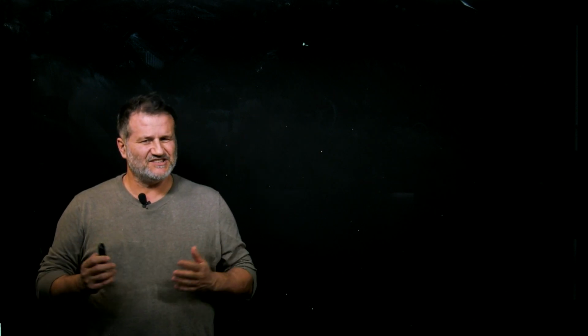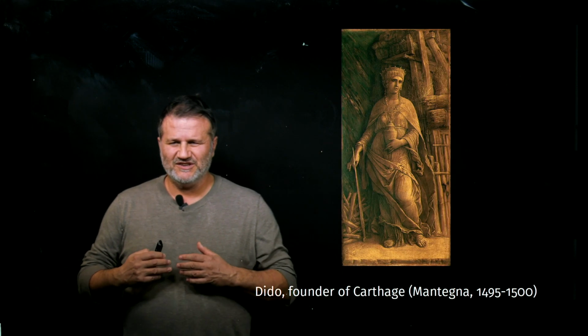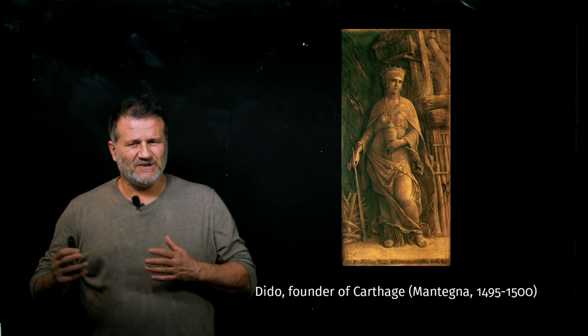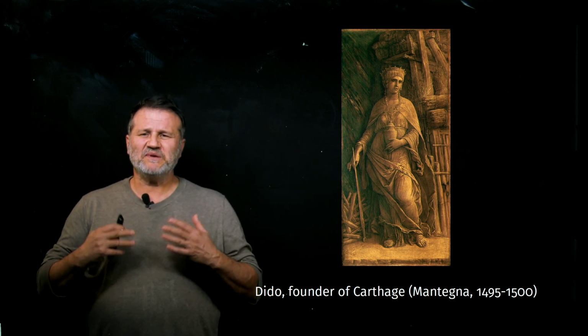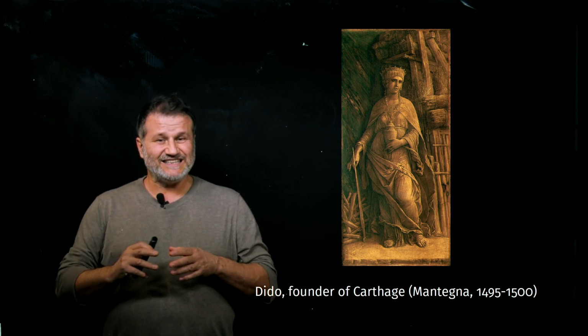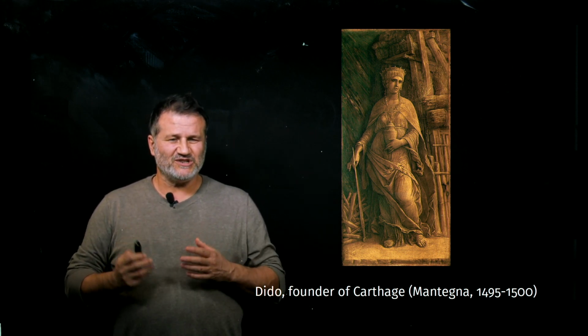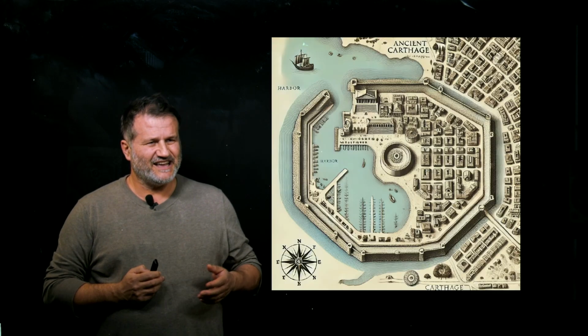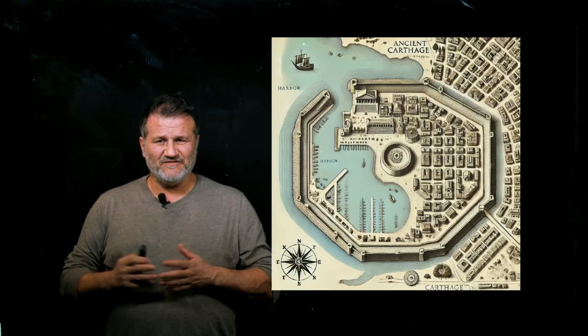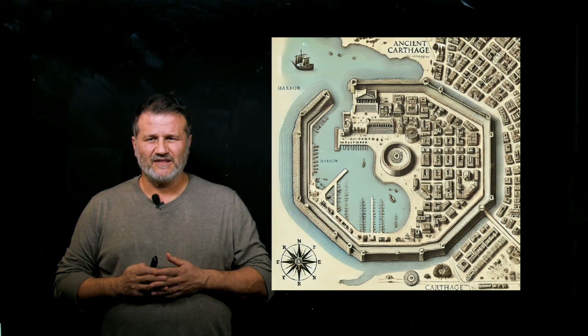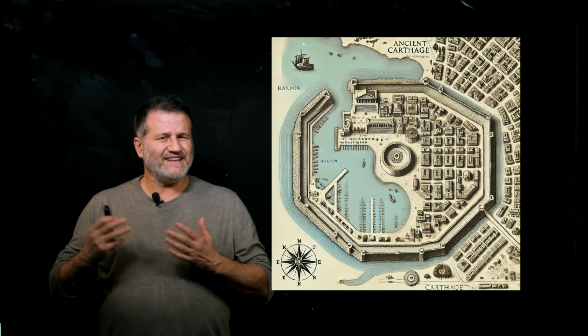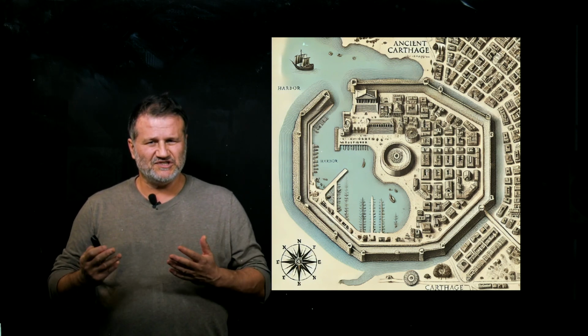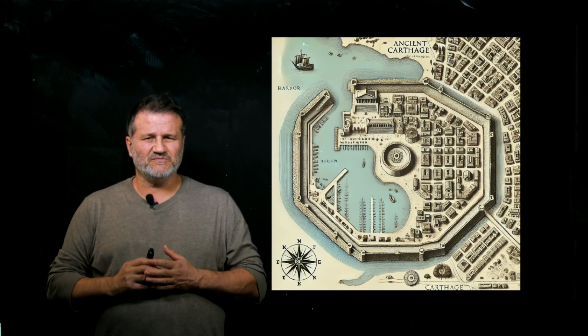In fact, the legend says that Dido, the queen of Carthage, exiled by her brother, requested a piece of land equal to the area she could enclose with a strip made from an ox hide. On this area, Carthage would have been founded later. Now, the point is, what area should Dido have enclosed to obtain the largest possible plot?